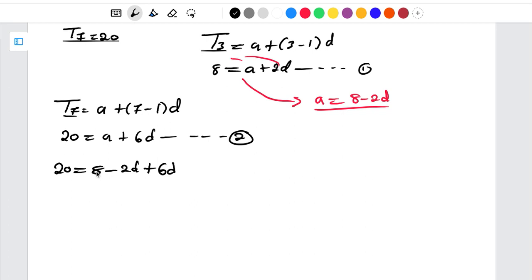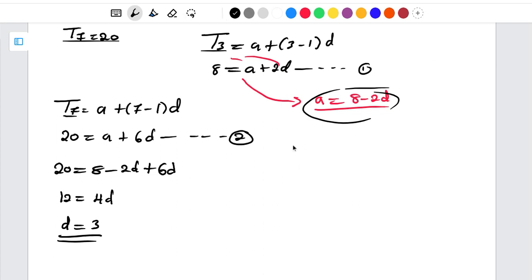We know that when this one goes to the other side, it's going to be minus. So 20 minus 8 is going to give us 12. Then 6D minus 2D, I'm going to get 4D. Then D is going to be equal to 3. So this is the value of D. What about the value of A? I'm going to use this one here.